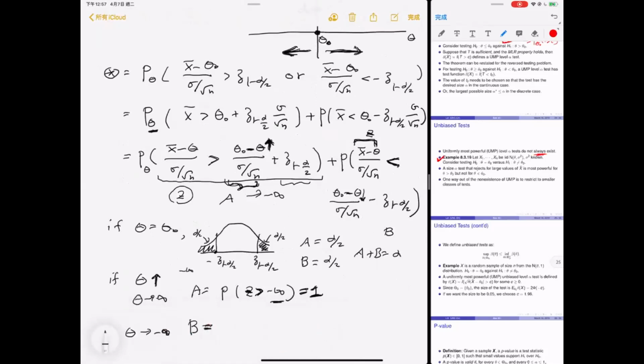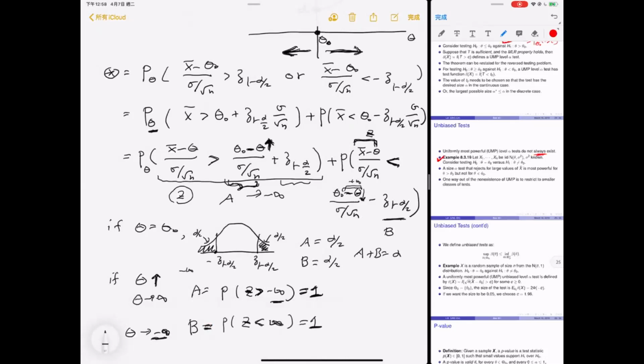If theta goes to minus infinity, then the whole term becomes positive infinity. Making sense? And then B becomes Z smaller than positive infinity as well. The first term goes to positive infinity, then minus this other term, which is constant and not important anymore. So that means again Z smaller than infinity is also 1.